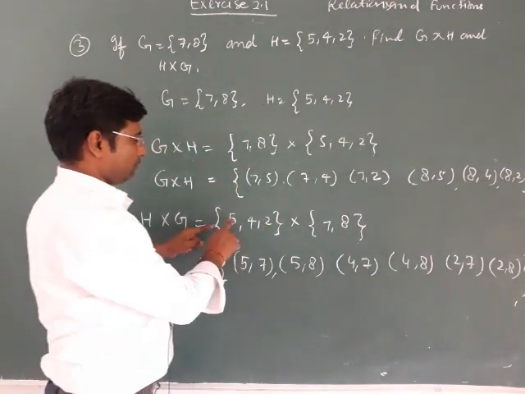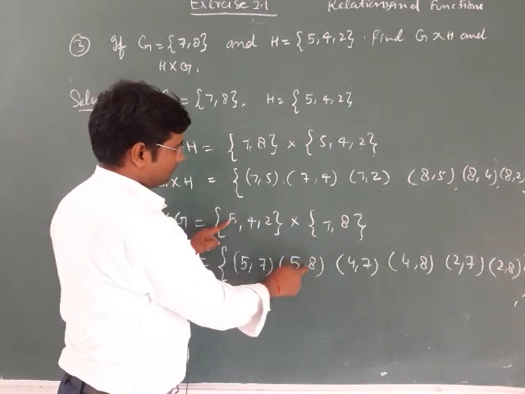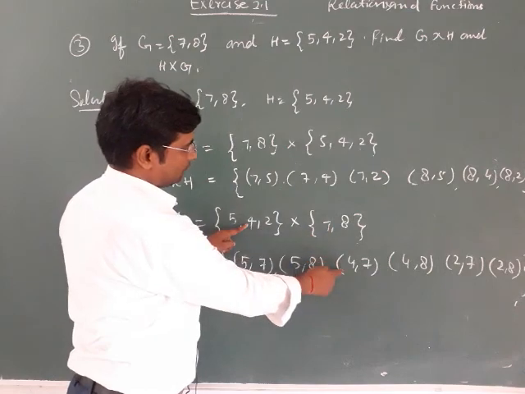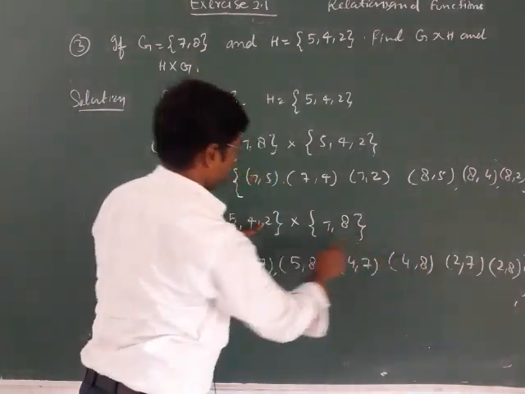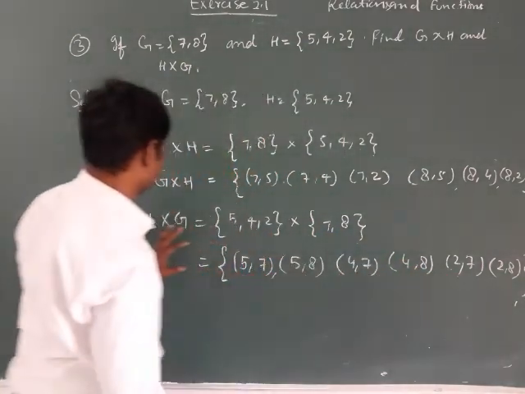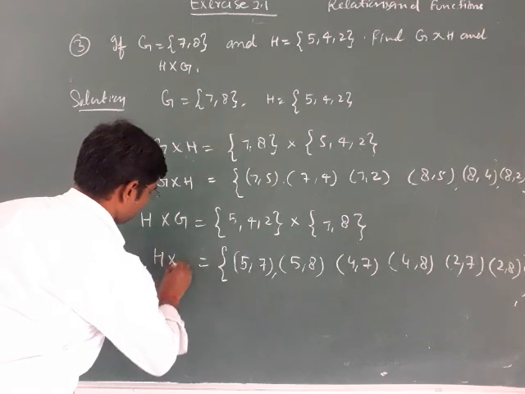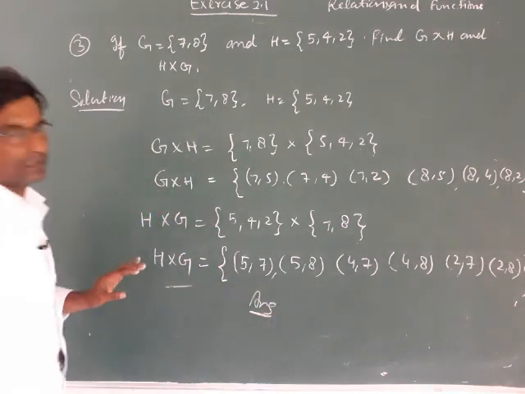So these are the ordered pairs of H cross G. This is the answer.